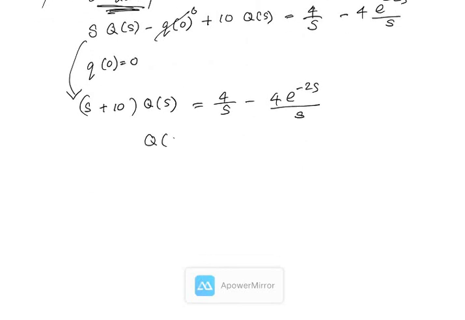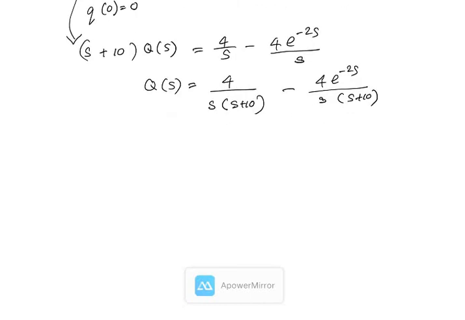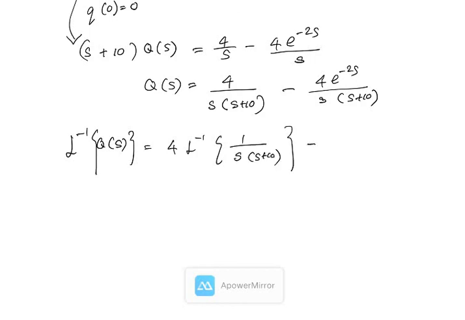And then Q(s) is equal to 4 divided by s, and then divided by s plus 10. And this one also the same, 4 e to the power negative 2s divided by s, and then times the s plus 10. So we take the inverse Laplace transform of Q(s). We can obtain 4 times the inverse Laplace transform of 1 over s(s plus 10) minus 4 times the inverse Laplace transform of e to the power negative 2s divided by s times (s plus 10).